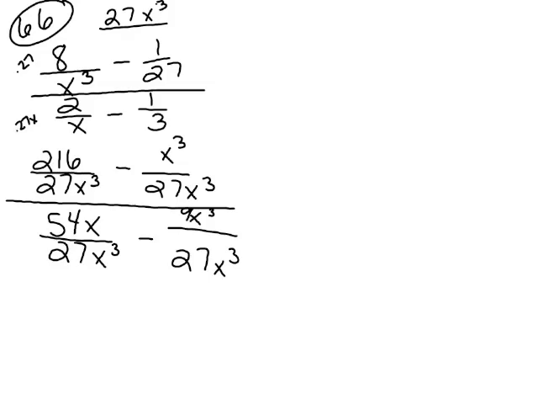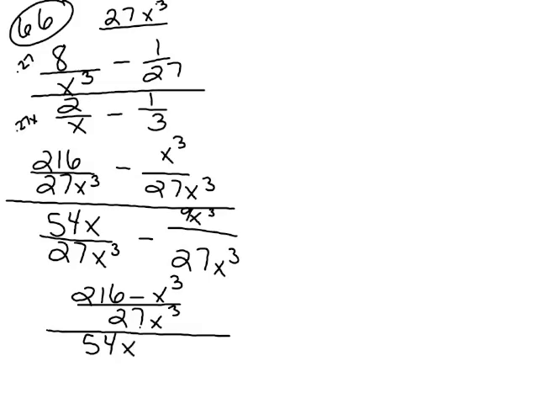Then combine: 216 minus x cubed all over 27x cubed. That's the top part of our fraction. And then on the bottom I have 54x minus 9x cubed all over 27x cubed.